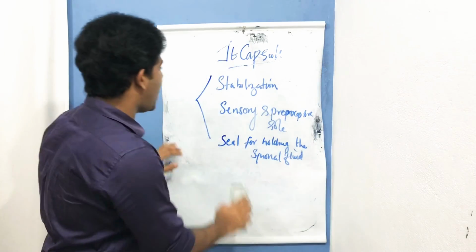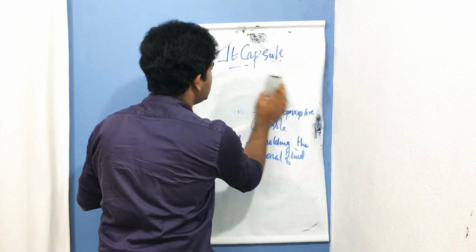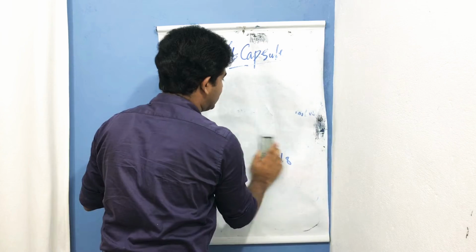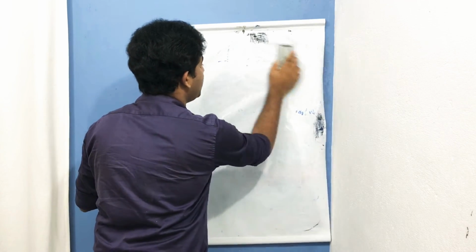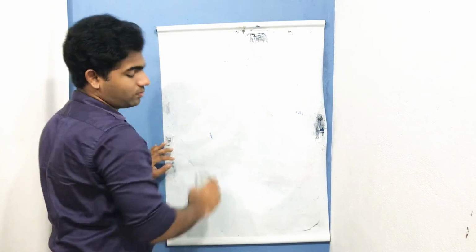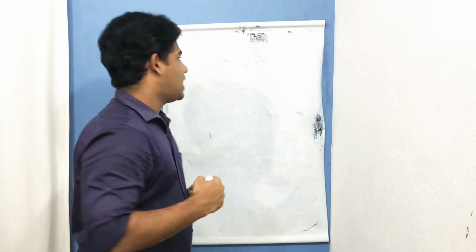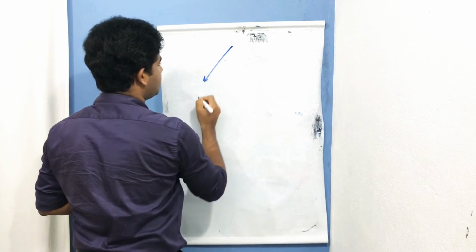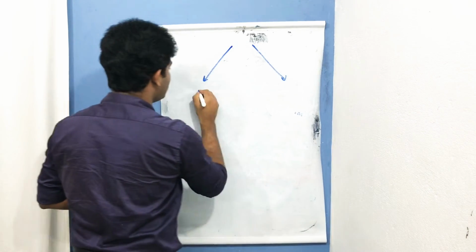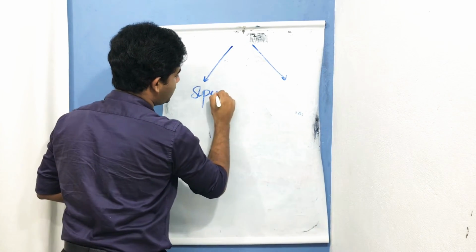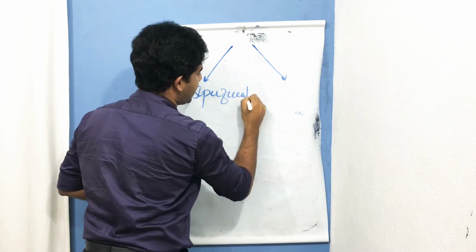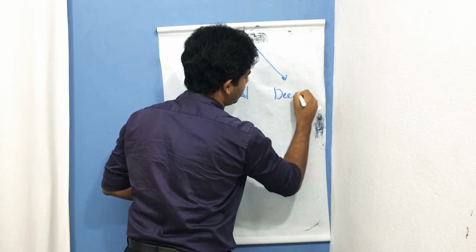When we evaluate, we see that the knee joint capsule is made up of two layers. The two layers are a superficial layer and a deep layer.